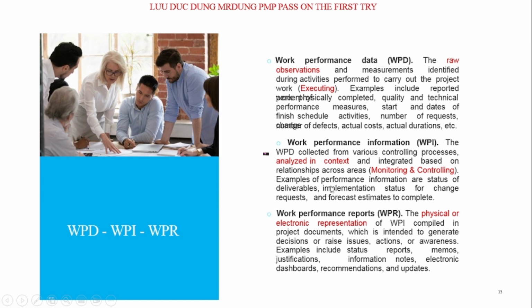Examples of performance information are status of deliverables, implementation status for change requests, and forecast estimate to complete.